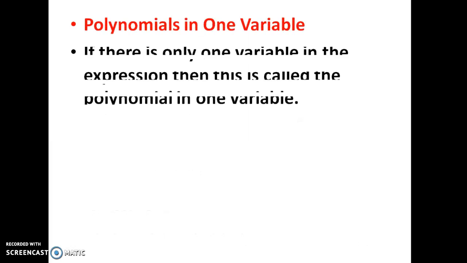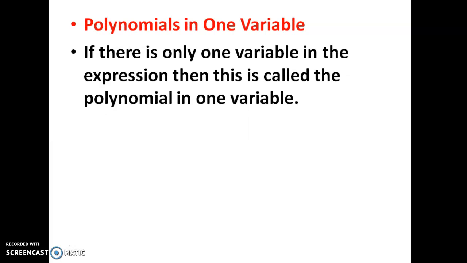Next, polynomial in one variable. If there is only one variable in the expression, then this is called a polynomial in one variable. Simply only x is there, no y or other variable.